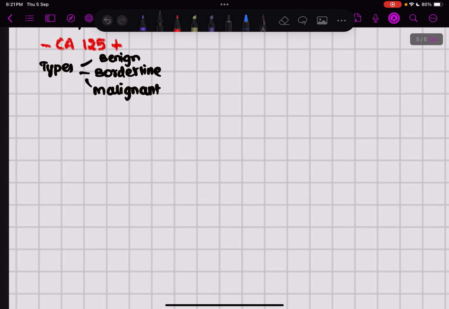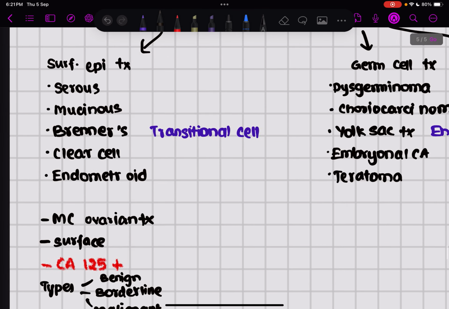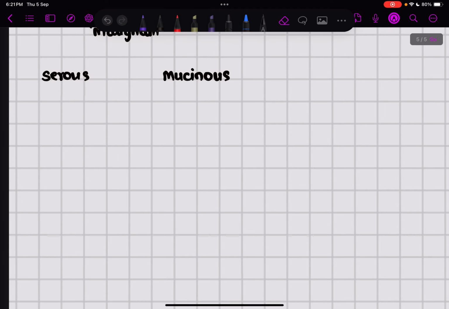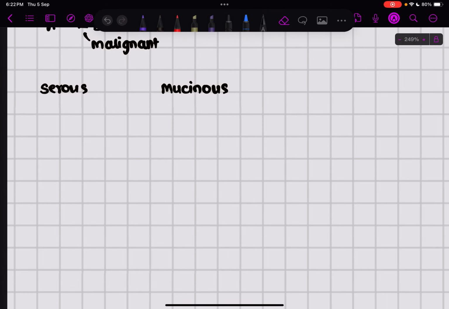Now diving into the differences between the first 2, that is serous and mucinous. Serous is more common, whereas mucinous is less common.